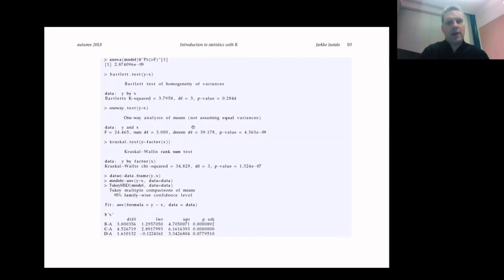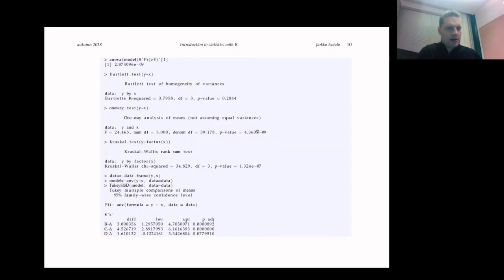This is called the Welch ANOVA test or something like that. And then we also have the Kruskal-Wallis rank test to test if these average levels are equal in all these subpopulations, and this test statistic gets this sort of p-value.